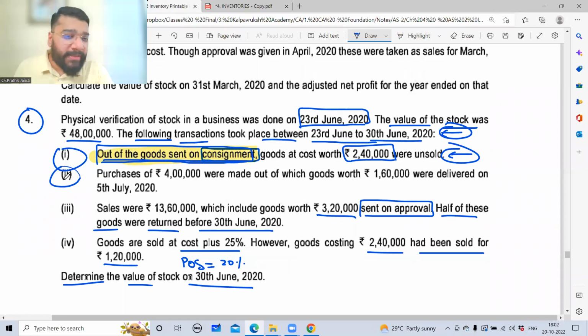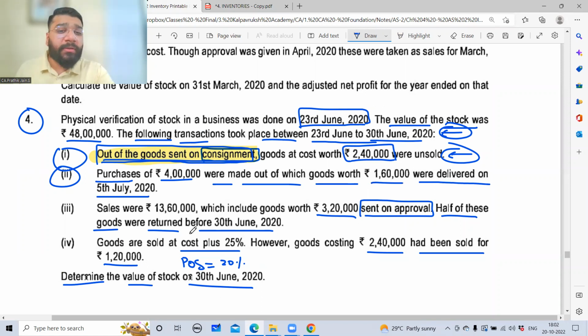Now, the second part of the question says that purchases of 4 lakh were made, out of which goods worth 1,60,000 were delivered on 5th of July 2020. What are they trying to tell? Sir, 4 lakh worth of goods you purchased. Out of that, 1,60,000 worth of goods were delivered on 5th of July, which means the next quarter after 30th June.